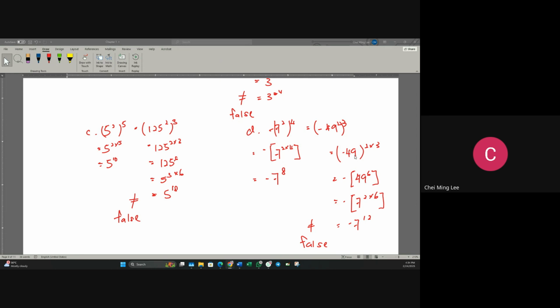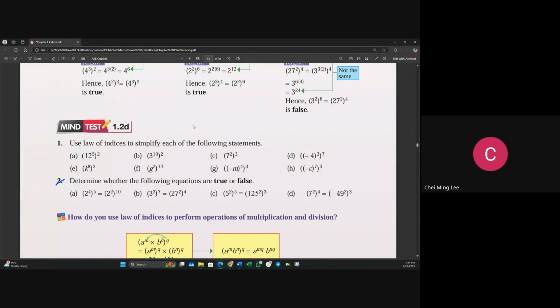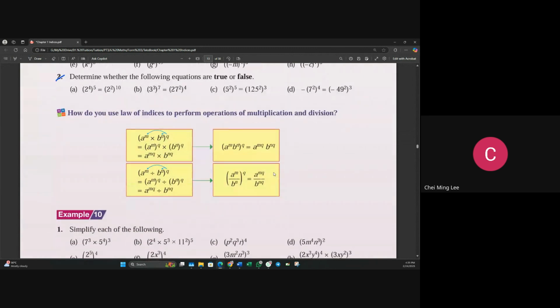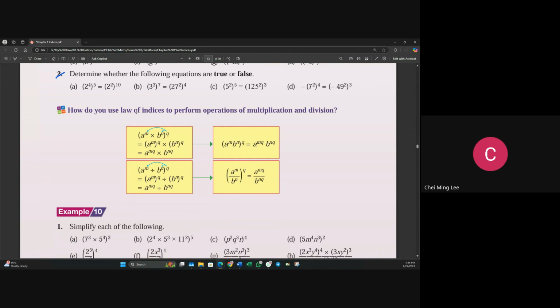All right. So let's continue. So now, how we use the law of indices to perform the operation of multiplication and division.